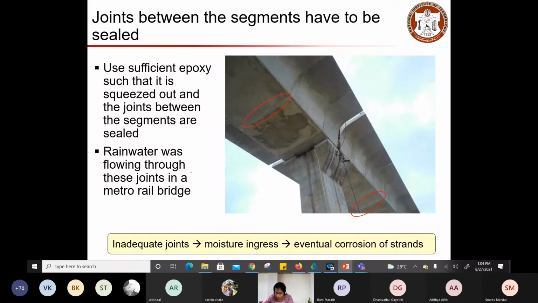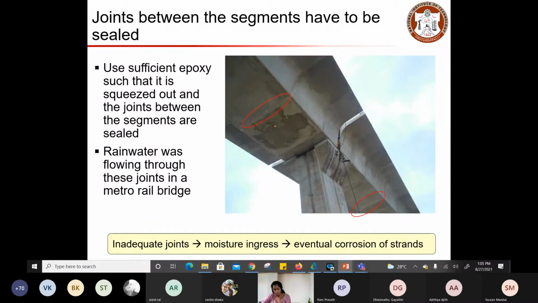This is another example where you can see the critical points, especially in bridge structures with segmental construction. The joints between two segments become critical, because you have a small gap at the joint, and moisture can ingress through that. Here you can see such moisture ingress through the joint, and that has led to such dampness on the surface.